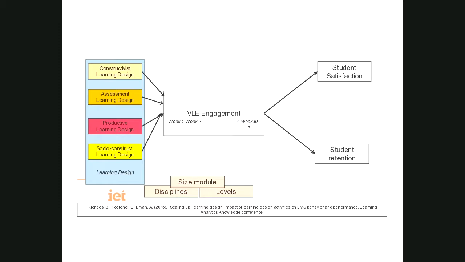And with those kind of learning designs, we can then start to see, okay, how are students engaging in the VLE? Are they satisfied with this, and to what extent does this actually help us to address student retention?